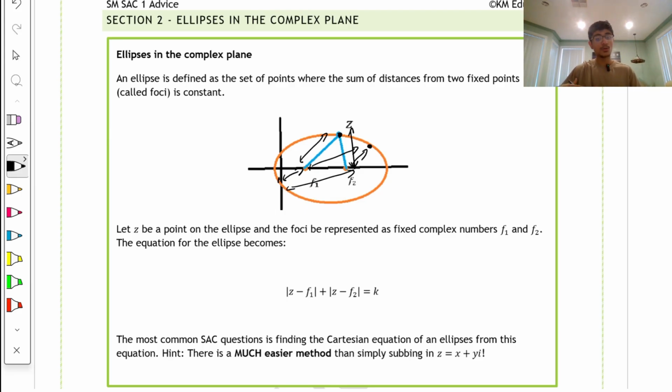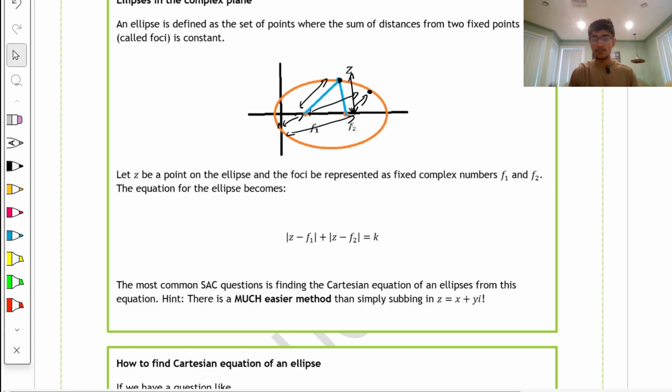So that is what we call the locus definition of the ellipse, and this is something you might have come across in Units 1, 2 Spesh. Now, if I were to represent this as a complex subset, you get |z minus f1| plus |z minus f2| equals k. And the most common SAC question you'll get is finding the Cartesian equation of an ellipse from this equation.